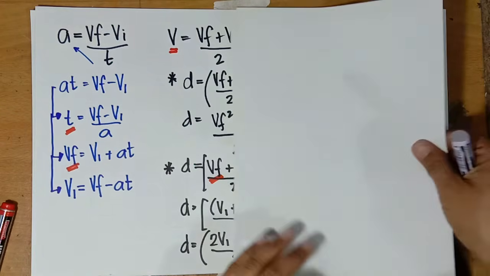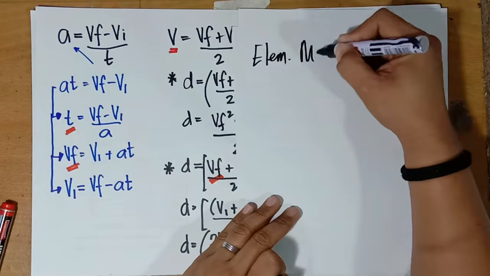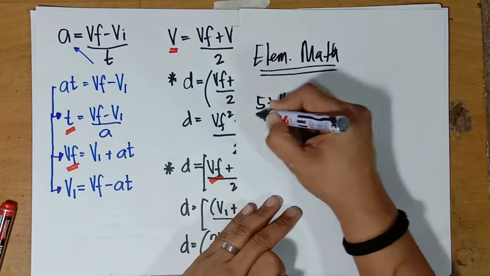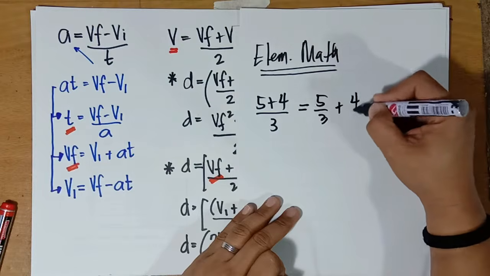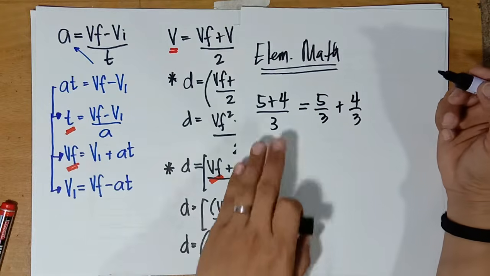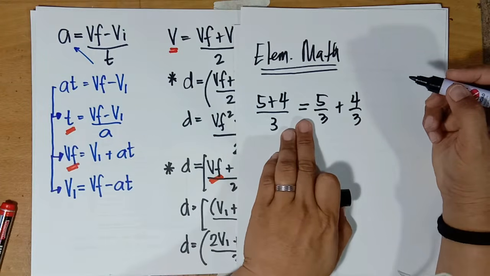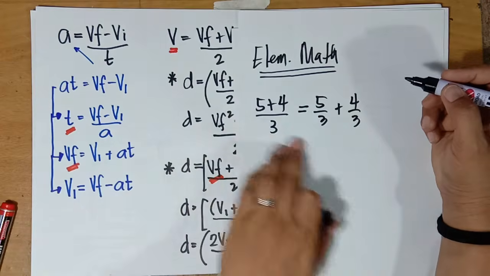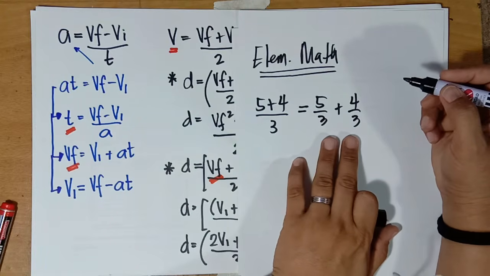For example, if I have here 5 plus 4 over 3, this can be also equal to 5 over 3 plus 4 over 3. So again, 5 plus 4 all over 3 can be equated to 5 over 3 plus 4 over 3. So you can separate the numerators since they have the same denominators. And I hope you know already the rules in adding similar fractions.